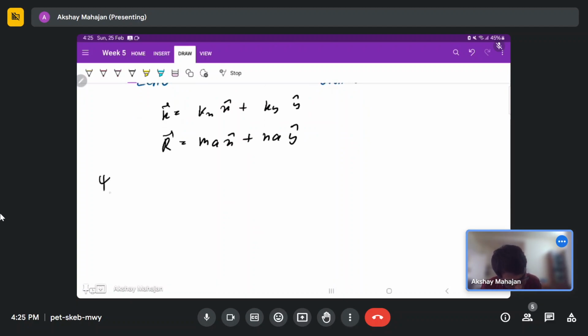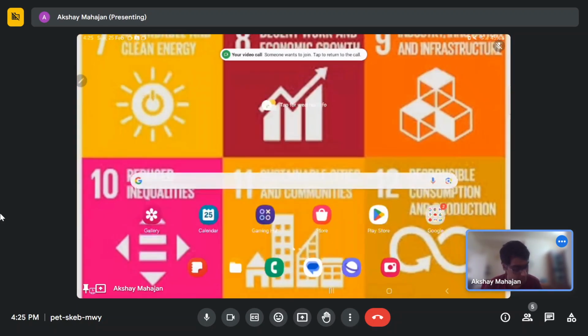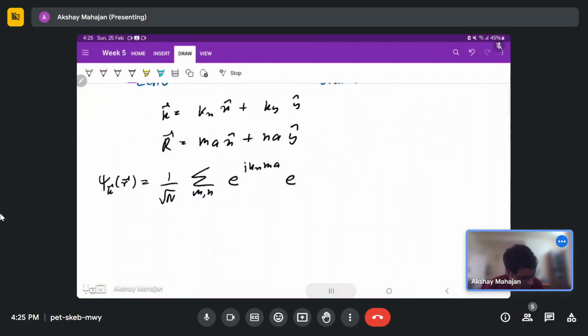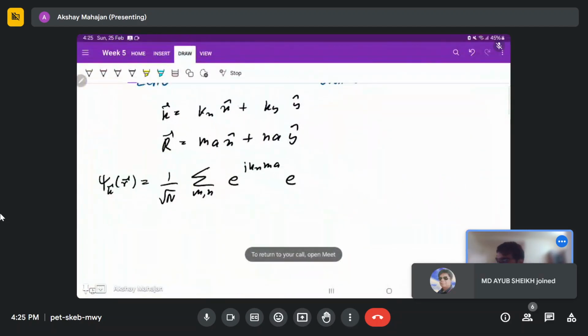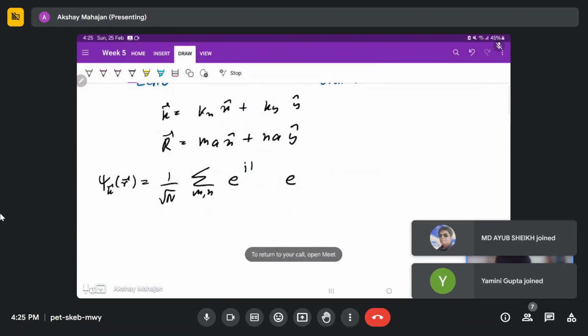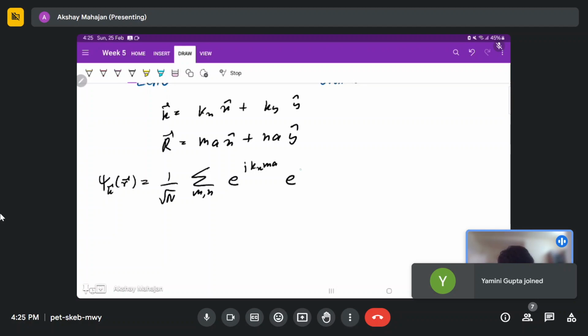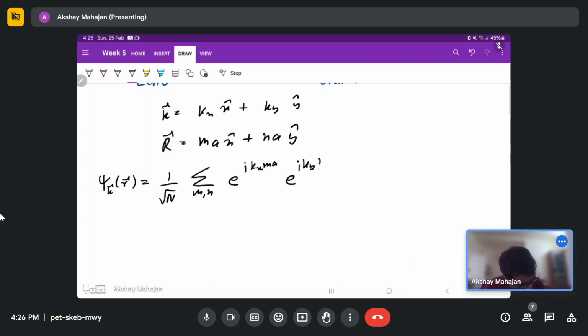So I can write this psi k vector r vector as 1 by root n, summation over m comma n, where the summation is for m equals 1 to n and n equals 1 to n, considering we have n of these lattice points, e to the power i kx m a, e to the power i ky n a, times psi of m n r vector.